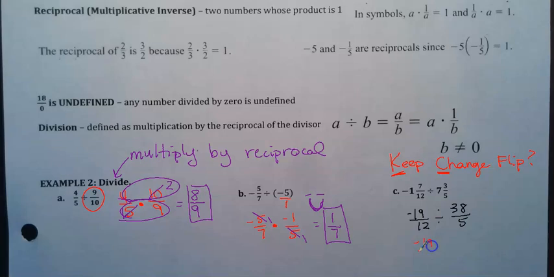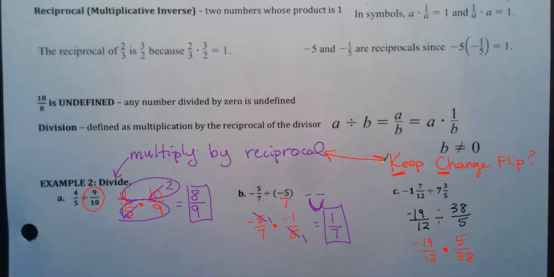So let me rewrite this. We keep this one, change the operation from division to multiplication, and then we flip the divisor into the reciprocal. If you've heard keep, change, flip, that's the same thing as multiplying by the reciprocal. It's just a shorter way for you to remember it.